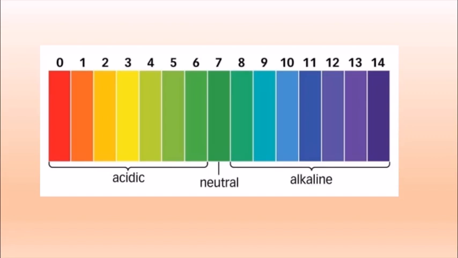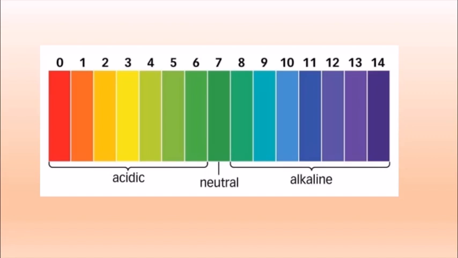Okay, then there are other salts also. For example, the pH value of a salt made from a strong acid and a weak base will be less than 7, and it is considered acidic. And if the salt is made from a weak acid and a strong base, then it is considered basic, and it has pH more than 7.